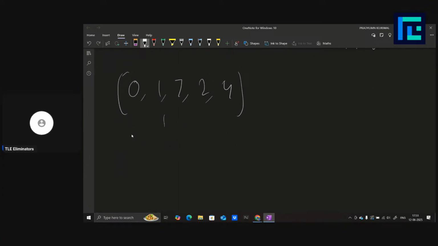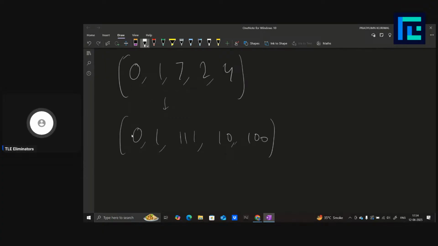In binary it is 0, 1, 111, 10, and 100, right? So here the beauty of this is 6, because we have 1, then 3, then 2, then 1 and 1 again. So we have 6 ones in the array, so the beauty is 6.